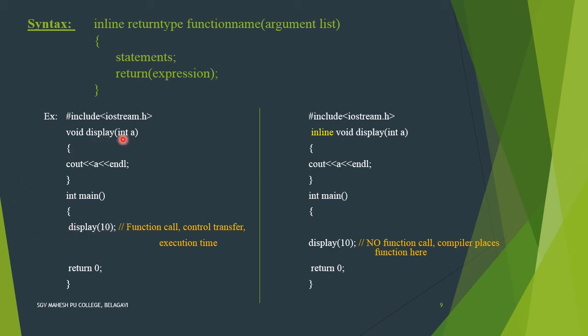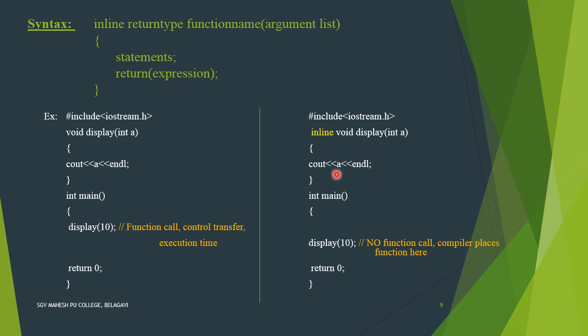So your function call is happening, you are transferring the control, you are storing the values in the stack, so you are taking more time for this execution. Now this won't happen in an inline function. Why won't it happen? Because when you write this display, you are not transferring control from here to here like what was happening in this program. But what happens here? This code is directly copied over here.